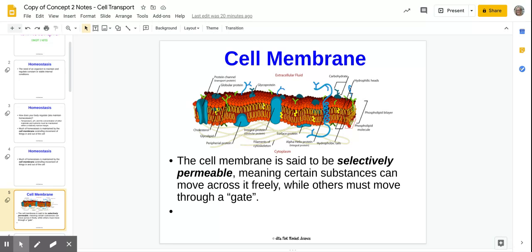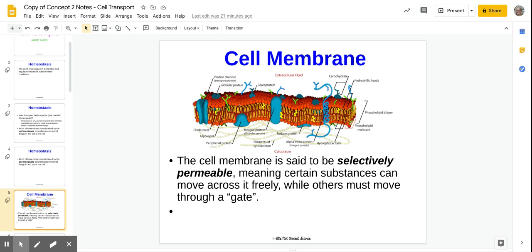In here is cholesterol that helps provide support. You have glycoproteins. These are proteins that have little sugar molecules attached to them. You could have carbohydrate tails just floating about.